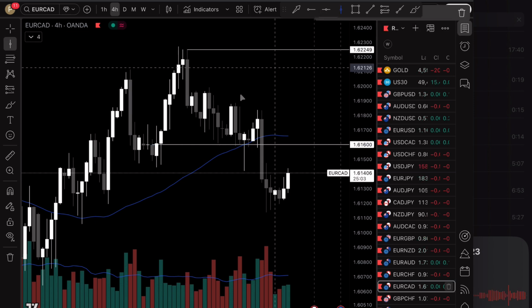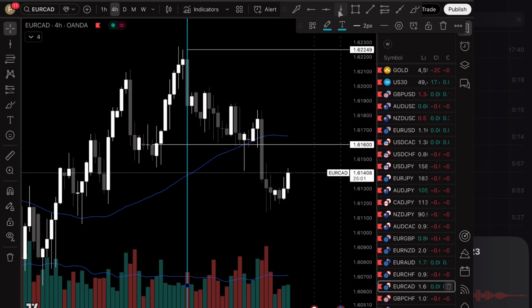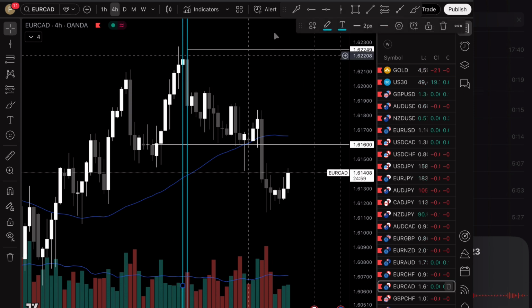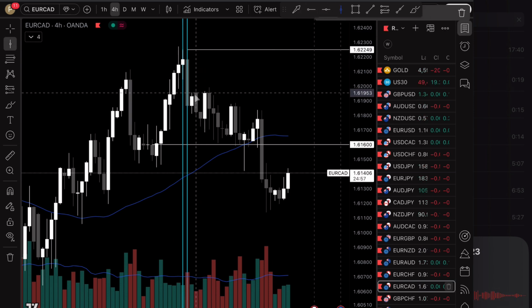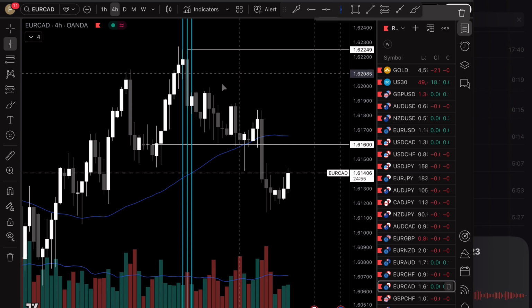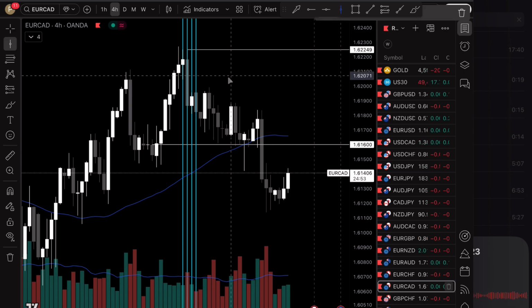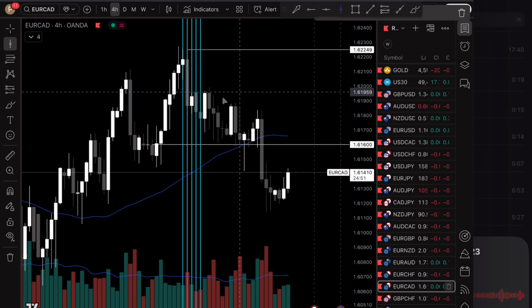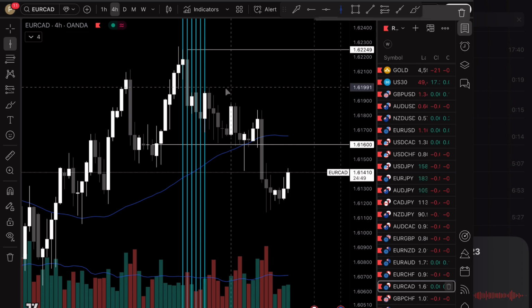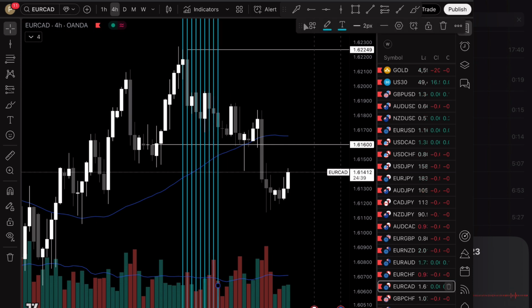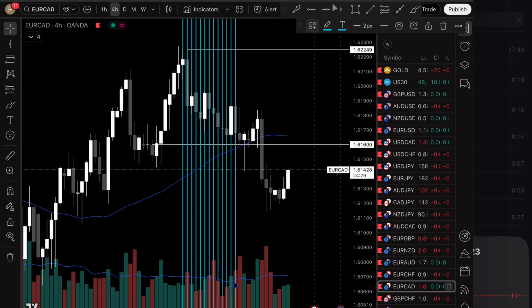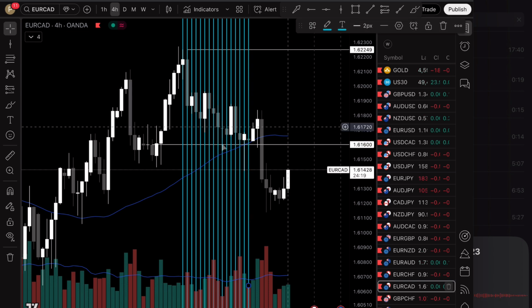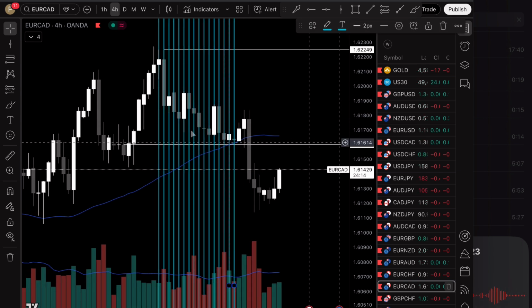So all we need to do now is just to scale in to the lower time frame. I'll just mark up all our 4-hour candles for when we scale into the 15 minutes. So we have all our 4 hours marked up.